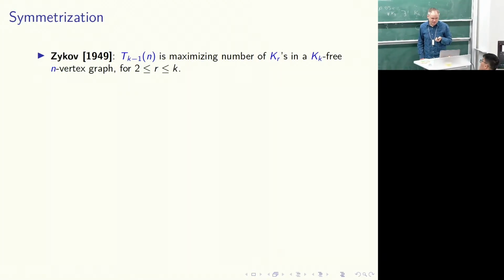It was first applied by Zykov in 1949, when he not only proved Turan's theorem using a symmetrization argument, but even proved the following theorem: if in a K_k-free graph we want to maximize the number of K_rs, not only the number of edges, then the best thing to take is the complete (k-1)-partite graph.